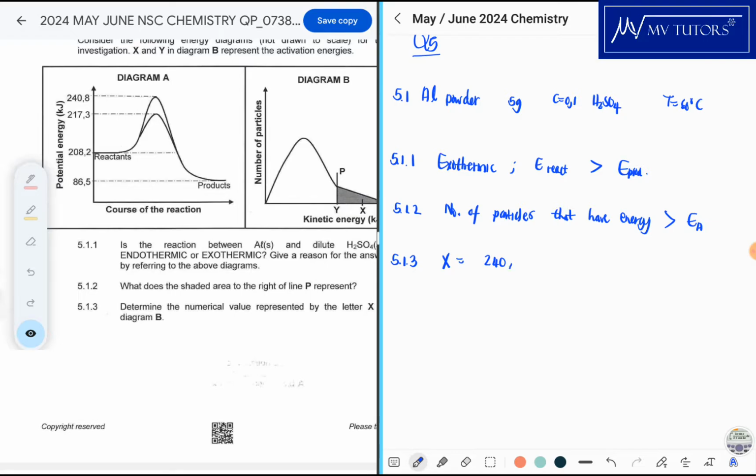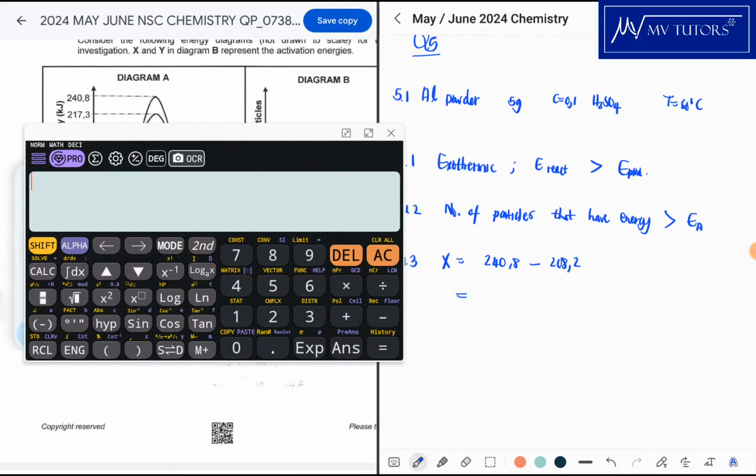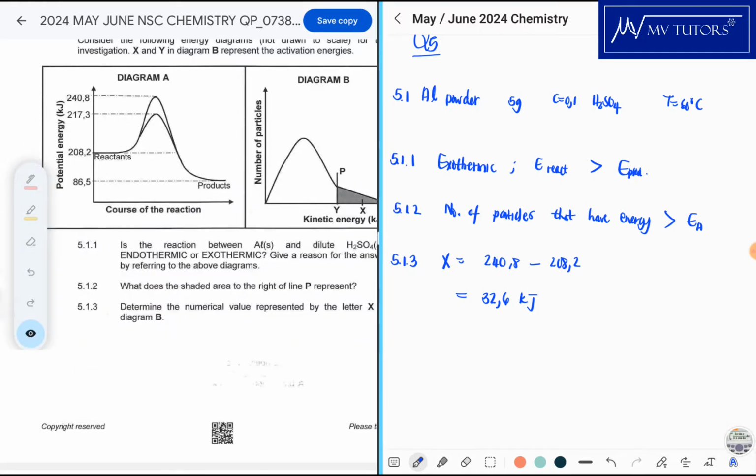So 240,8 minus the energy of the reactants, which is 208,2, and that will give us the kinetic energy. So we have 240,8 minus 208,2, and that gives us kinetic energy of 32,6 kilojoules. And if you wanted the one for Y, you would have said 217,3 minus 208,2. All right.